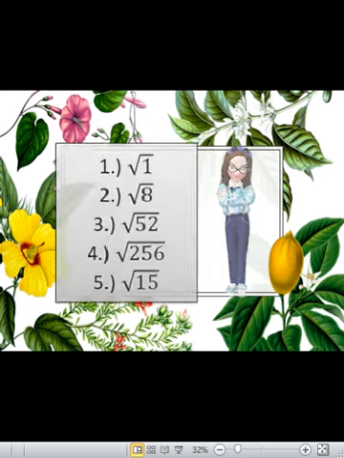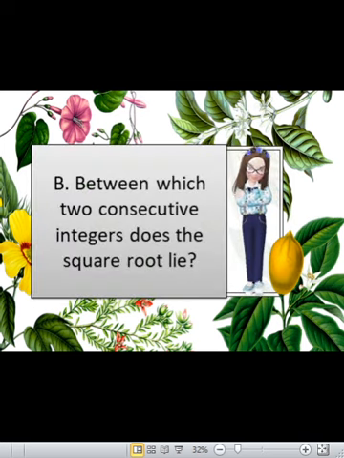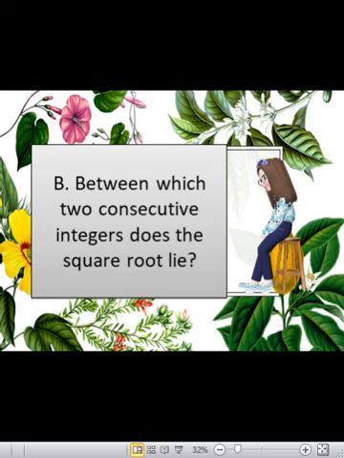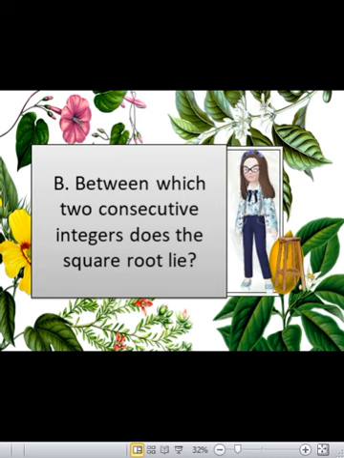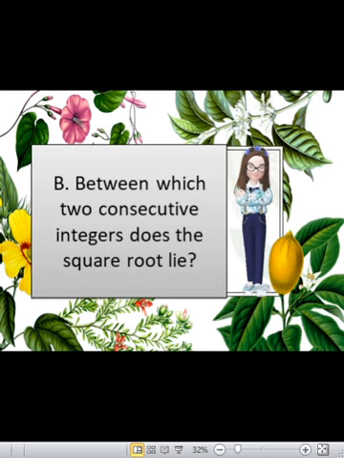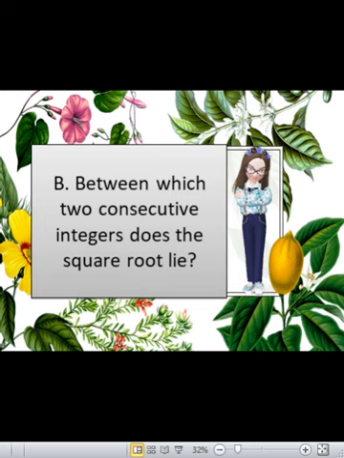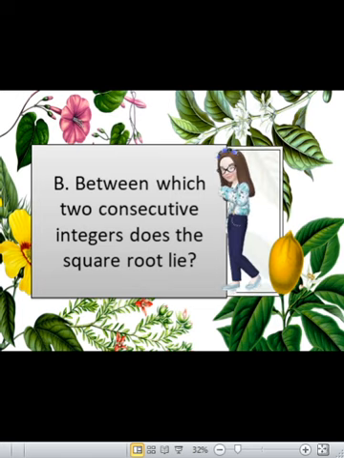Next. Task 2, letter B, on the module pa rin. Between which two consecutive integers does the square root lie? This is like our third example. You just give the two consecutive integers that lie on the given.